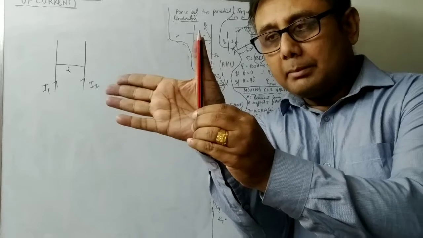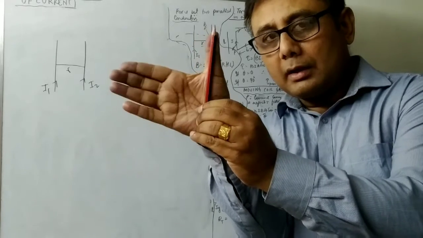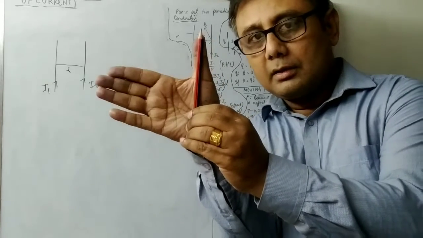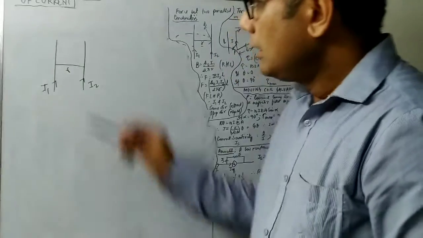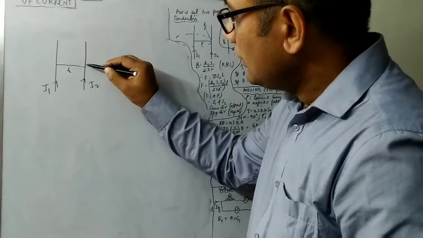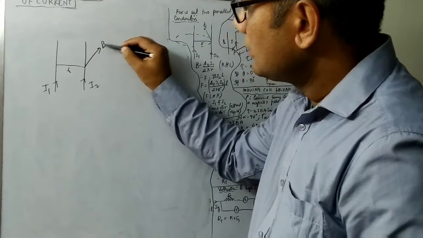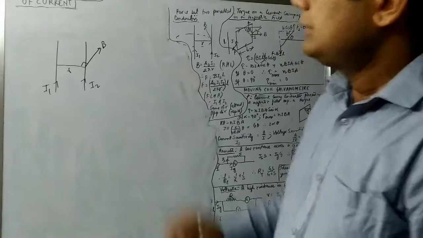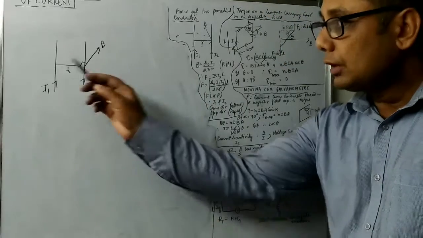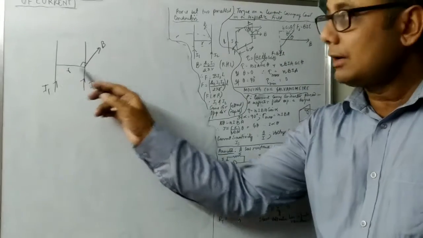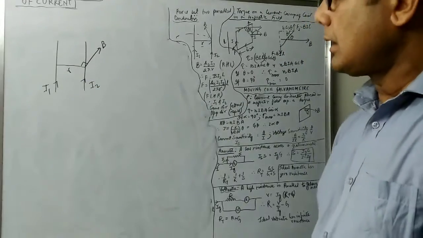So always see the magnetic field is acting perpendicular. That means the magnetic field due to this wire on this wire will always be perpendicular. So what is the magnetic field due to this wire on this wire at a distance r?